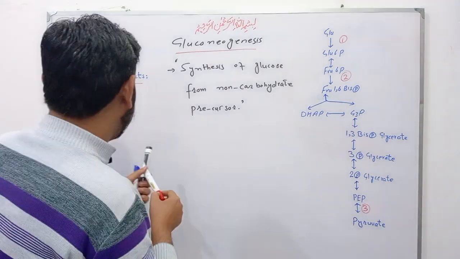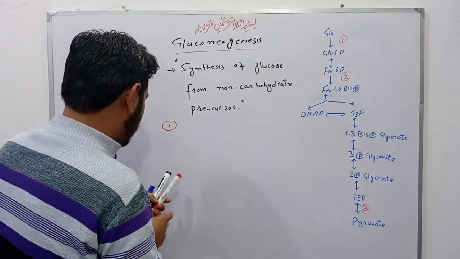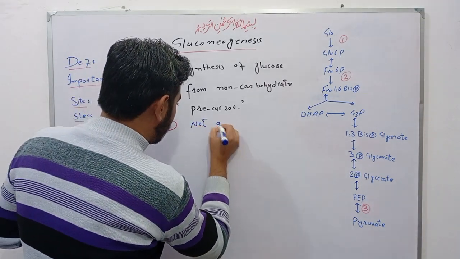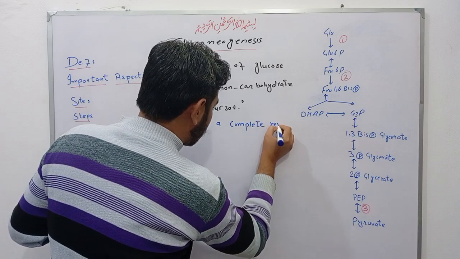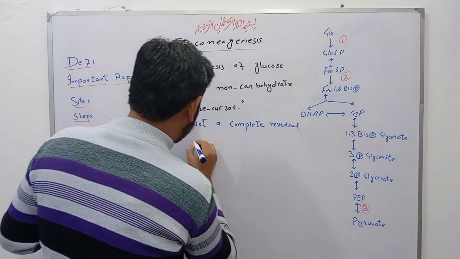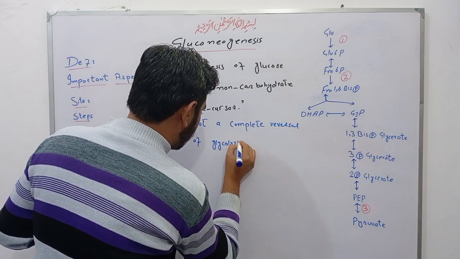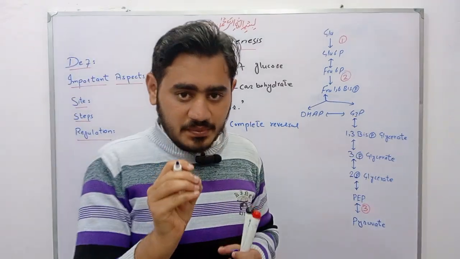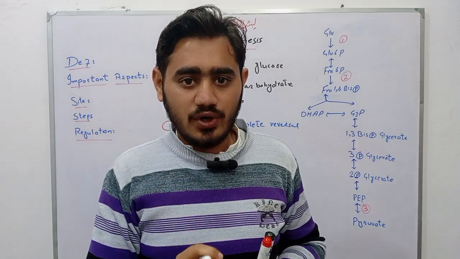So the important aspects: first one, it is not a complete reversal of glycolysis. The second one is that 6 ATPs are utilized in the synthesis of per molecule of glucose.